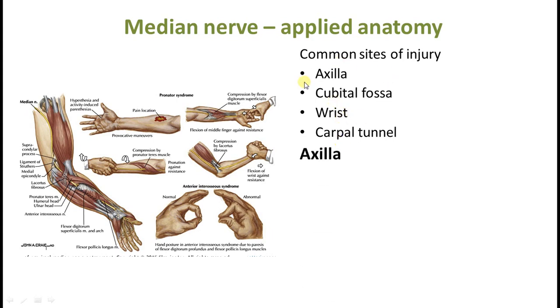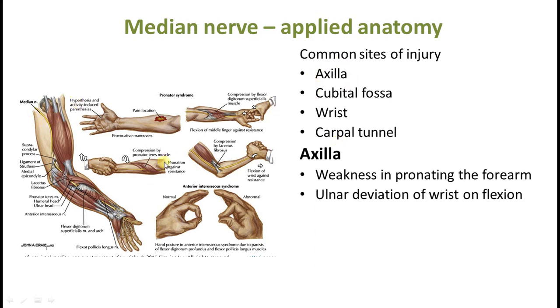So mainly if the median nerve is affected in the region of axilla, you have weakness in pronating the arm, because pronator teres and pronator quadratus both are actually affected. Ulnar deviation of wrist is taking place. While you try to flex, there will be ulnar deviation due to the unopposed action of flexor carpi ulnaris and flexor digitorum profundus, because these two are actually innervated by the ulnar nerve.